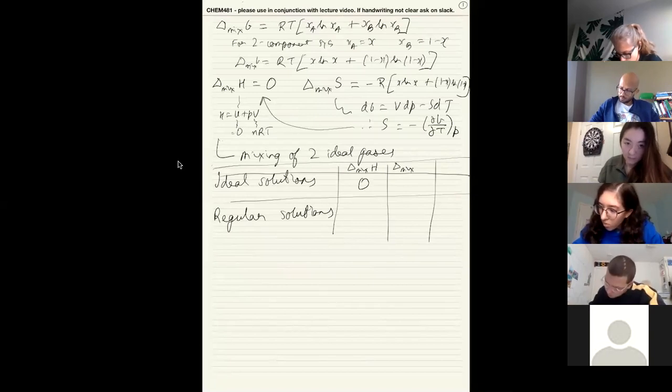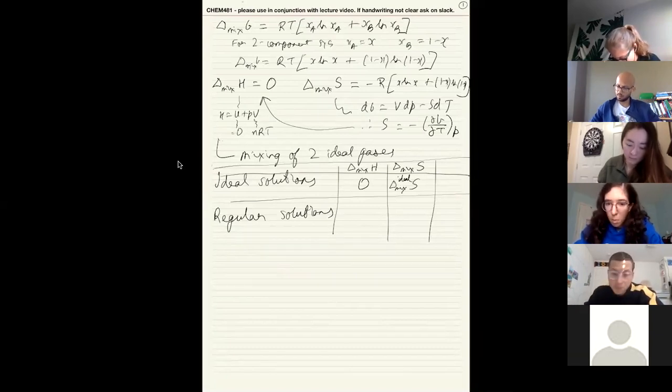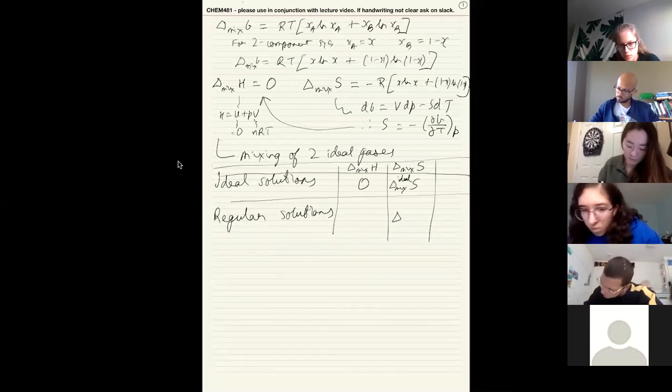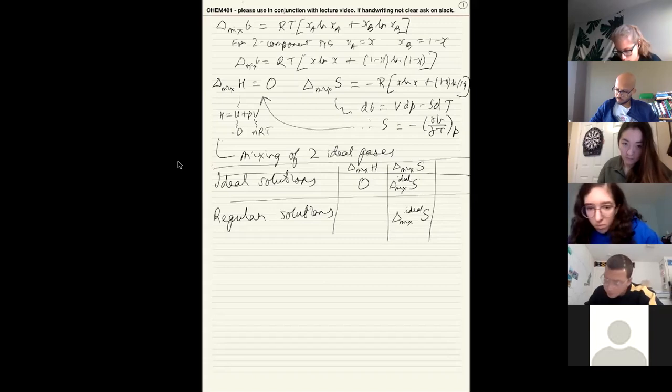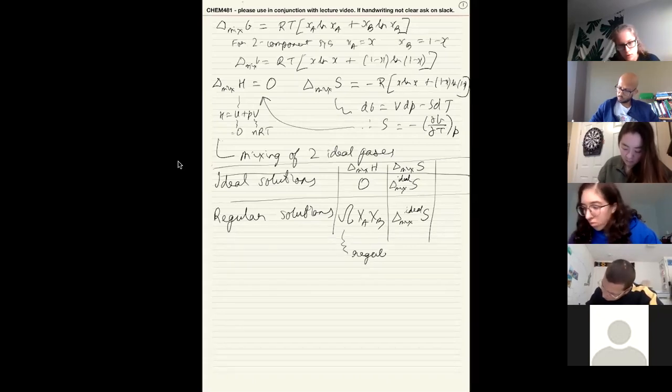Delta mix S is calculated using the expressions for an ideal gas, like we just did. For a regular solution, we will still keep this delta mix S as the ideal one, but this term over here will look like omega times XA times XB. And this omega is called the regular solution parameter.